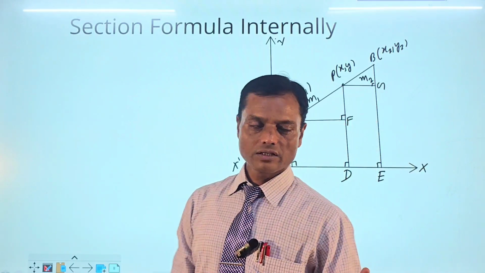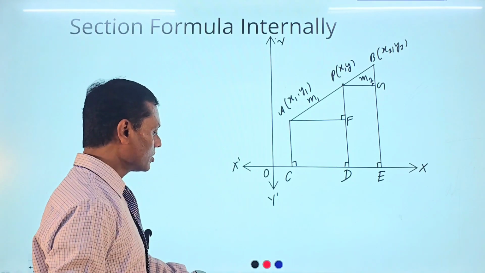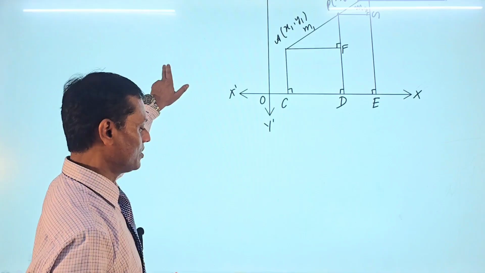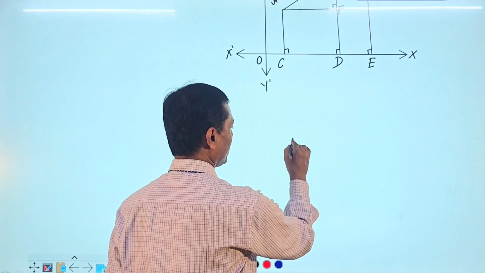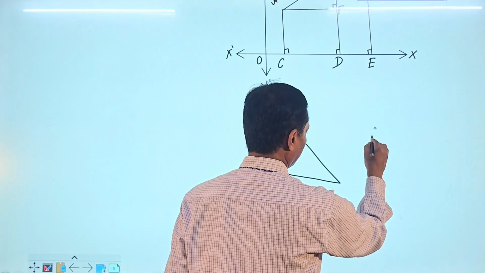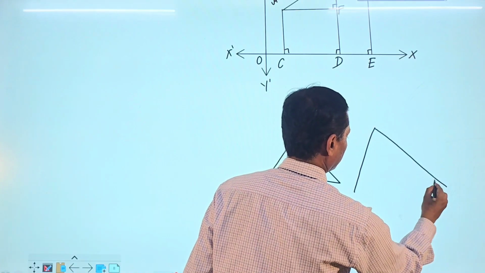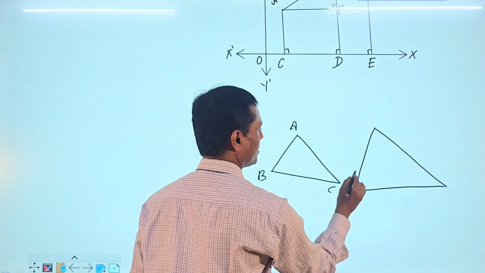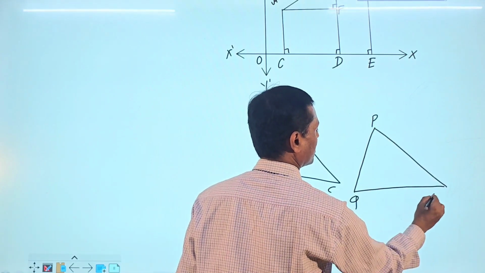And now we are going to find the coordinates of the point P. Understanding? So one thing, I would like to tell you about the similarity. If the two triangles are similar, what happens? I'm just going to show you here. Okay, let you have the two triangles. The first triangle, now you have the second triangle, right? Here is ABC, here is PQR.